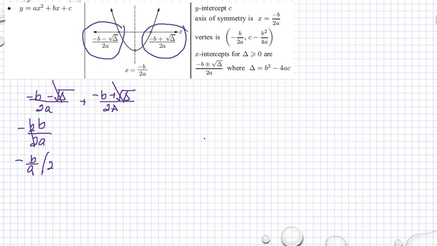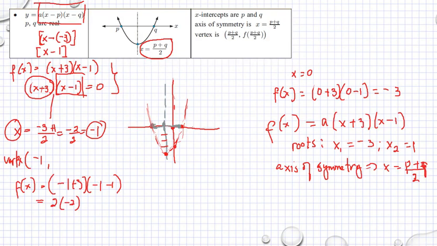Do you remember when we have this one? The first one, I'm going to show you. Do you remember this one? We have p plus q divided by 2. It is the middle of the x value p and the x value q, not the point.